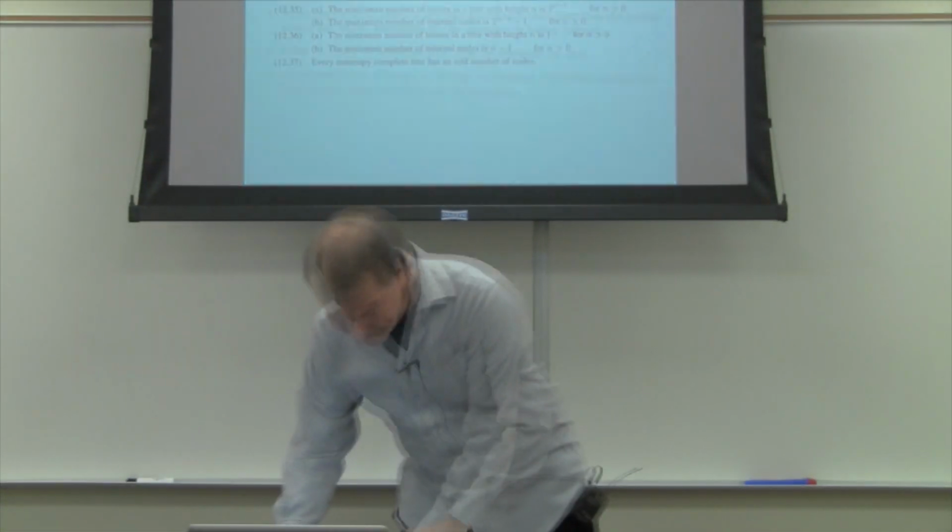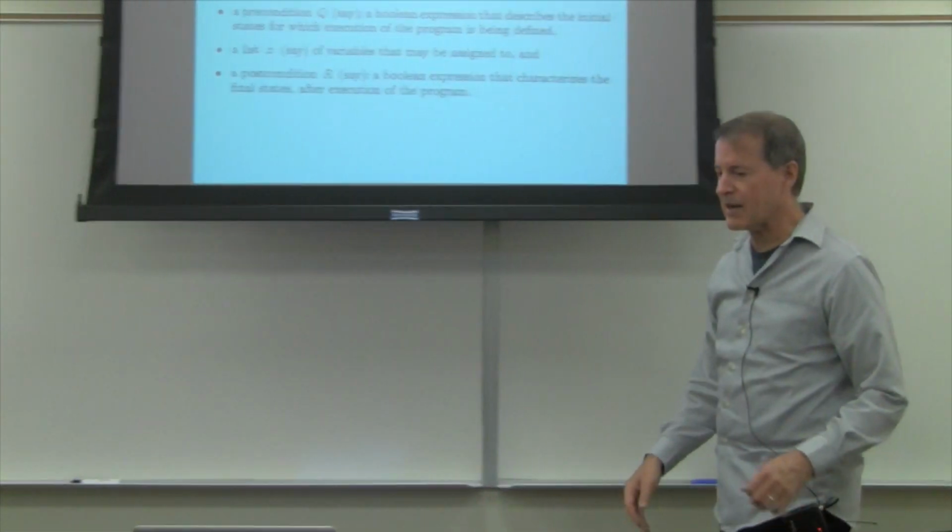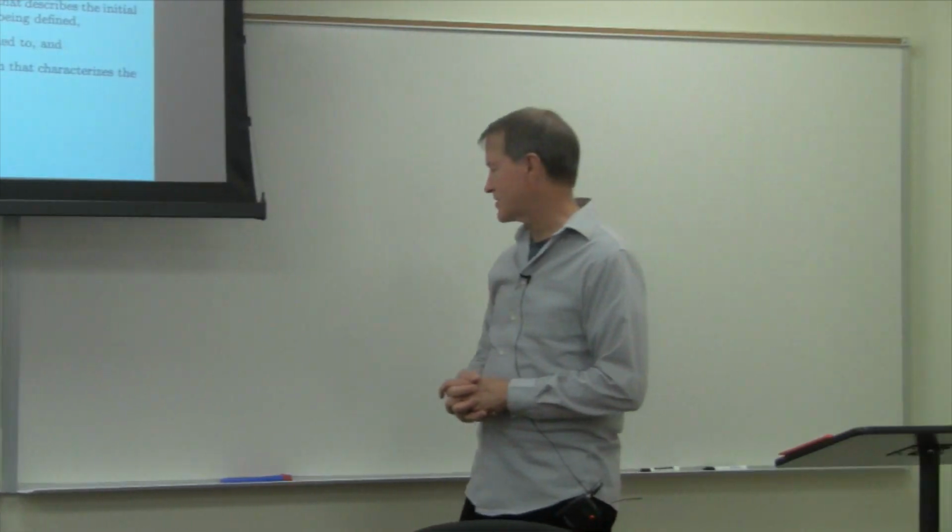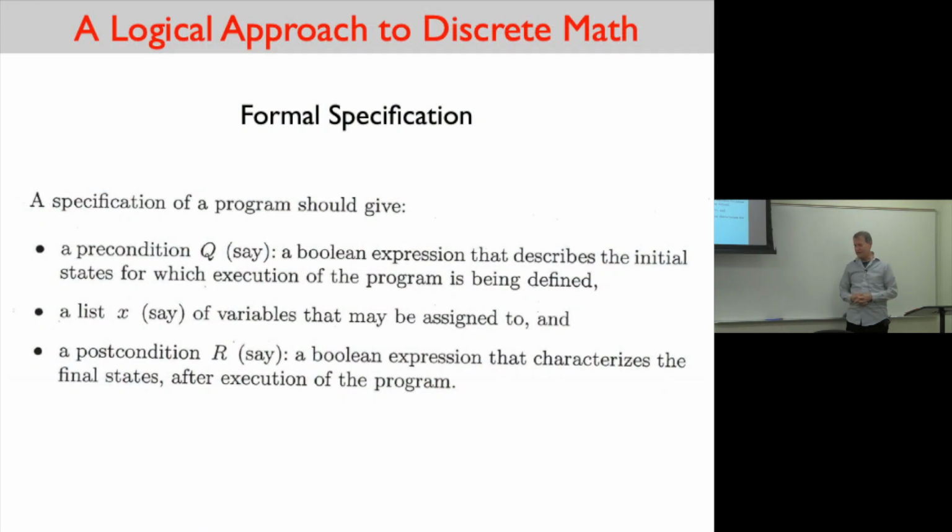All right. Now, last time we talked about formal specifications. And the numero uno question that I will ask now, that we learned last time, is what is the shape of a formal specification? The bracket thingy.